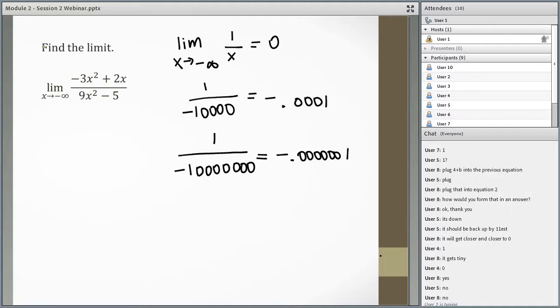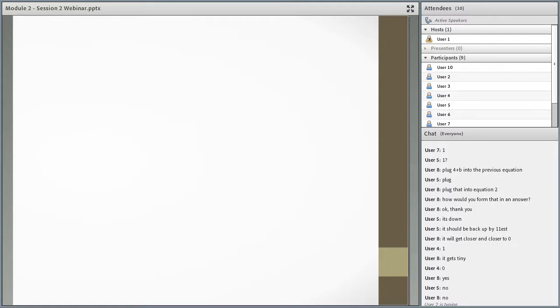So in this case, we have the same example that we had in the last one. I want us to do the same thing that we did before, where we divide each term by the largest term in the denominator. And I just choose the x terms. You could also divide each term by a 9x squared if you wanted to, the entire term. It works out the same way. Just going to rewrite the same question.